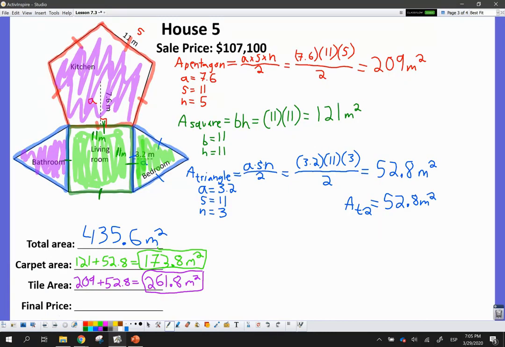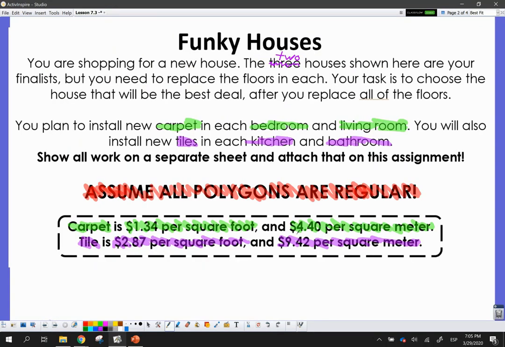Since we're using meters here, we're going to be using this price and this price right here. We're going to forget about this because we're not using square feet here. We're using square meters. Now, in your assignment, you might be using square feet. So keep that in mind as you find the price.